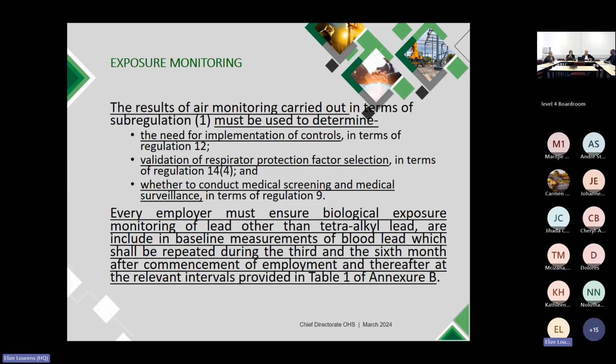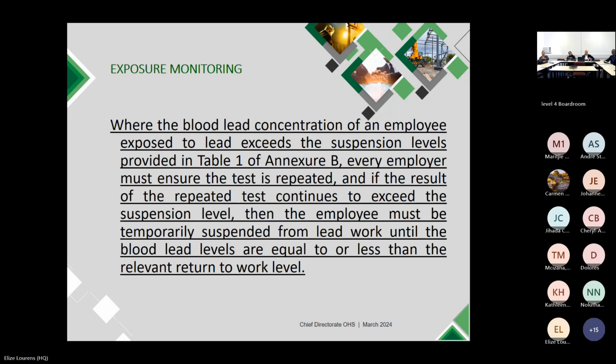Now, all those target dates have already passed, but this is a similar approach. So initially, the first baseline measurement, and then just to make sure that you have an accurate view of what the person's baseline is, the 3rd and the 6th month, and then you fall back onto Annexure B, and we will look at Annexure B at the end.